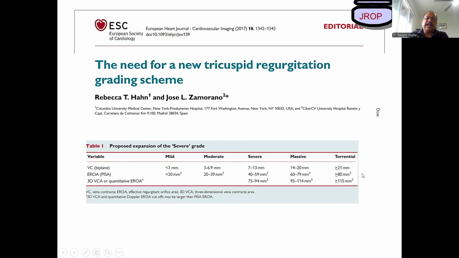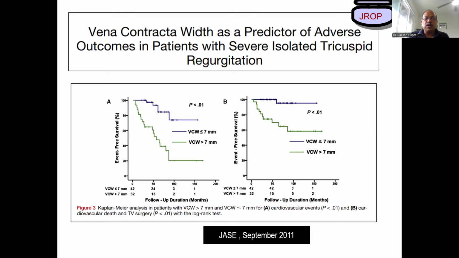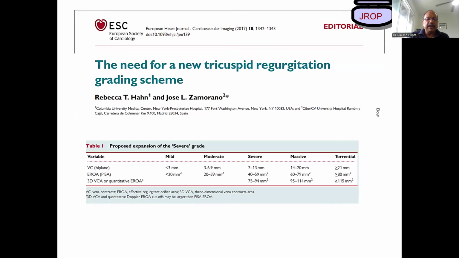Well, the question is, as we develop a bigger vena contracta, as I showed in my previous slide, the outcome of these people is pretty poor if we don't take care of them at an appropriate time. And I'm not going to talk to you at this level about how to calculate effective regurgitant orifice area or vena contracta area by 3-dimensional echo.